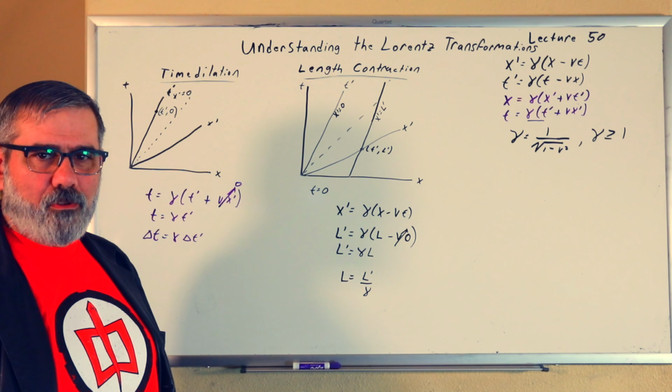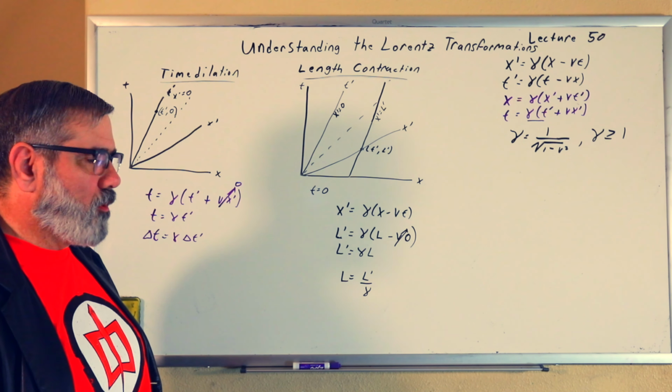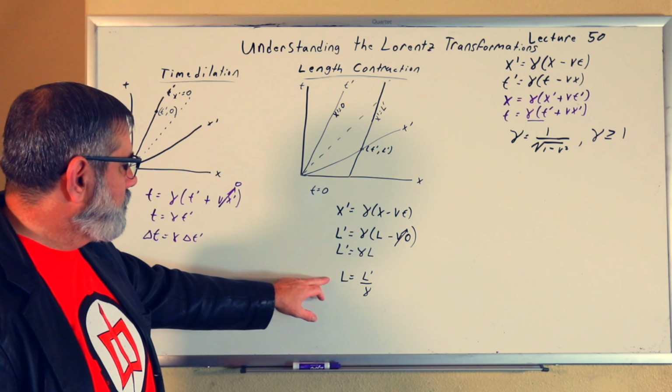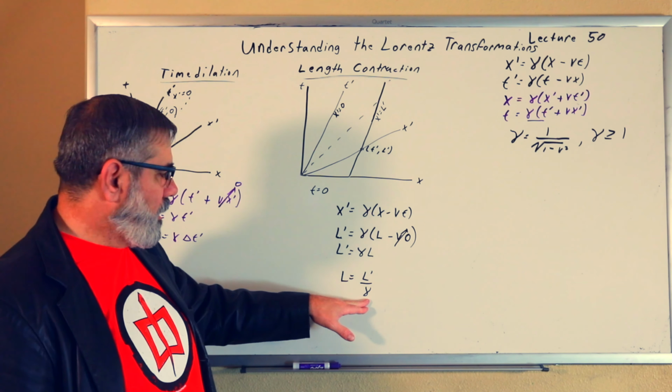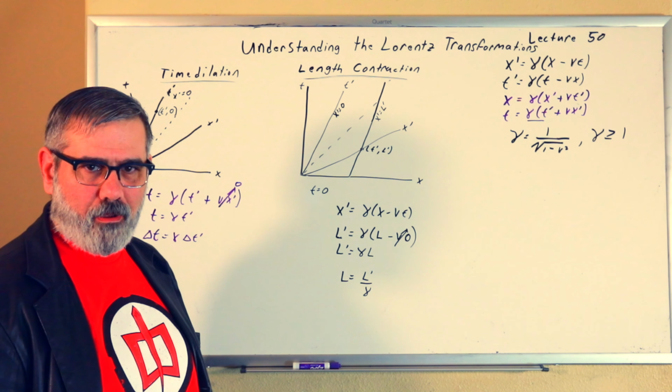I can get confused just trying to say it; the verbiage is tough. Whereas here, since gamma is always greater than or equal to 1, the distance that you measure in the platform frame is always less than the length of the rod in the moving frame. So if the rod was, say, 10 feet long on the train, then as it's zipping by, you would observe that it's less than that. It's shorter, okay?